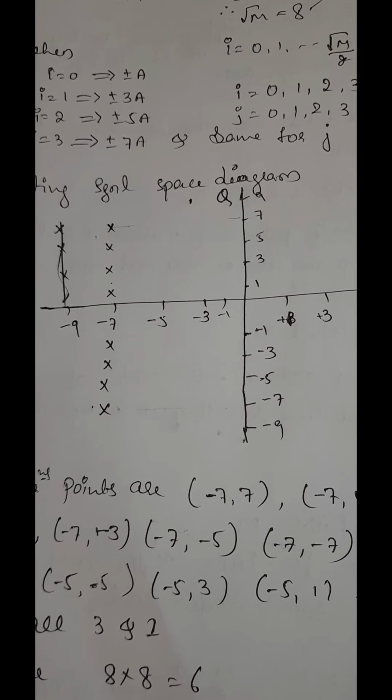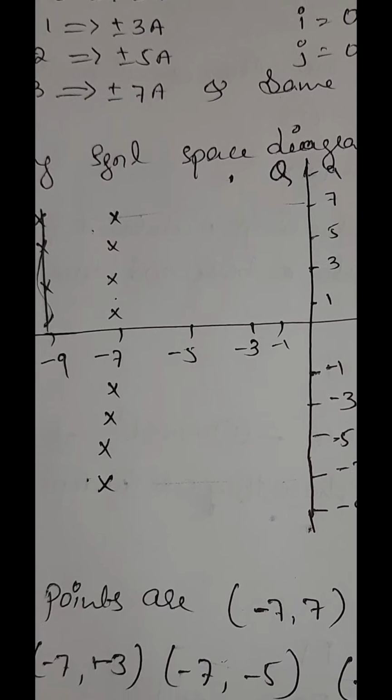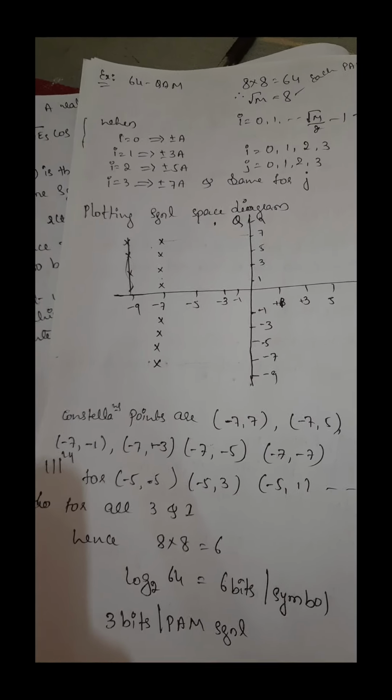Now plotting the signal space diagram, for I and Q you can see here. So I have plotted for 7. The constellation points are, you can see here, minus 7 7, minus 7 5, minus 7 3, minus 7 1, and so on to minus 7 minus 7.